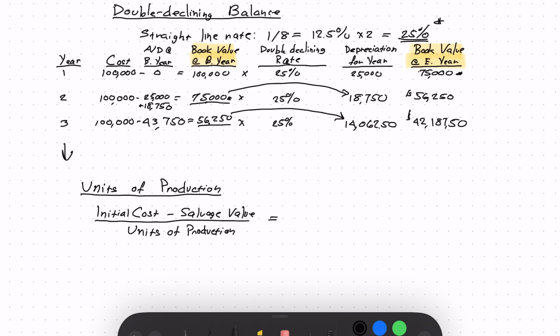So let's go ahead and fill in the numbers for this. Our initial cost for our truck is $100,000. Our salvage value was $5,000. And our estimated useful life using the units of production was 200,000 miles.